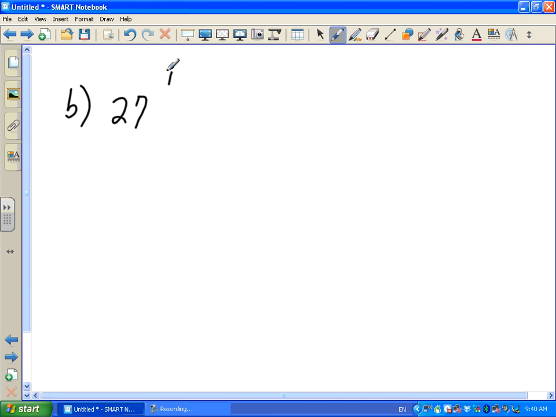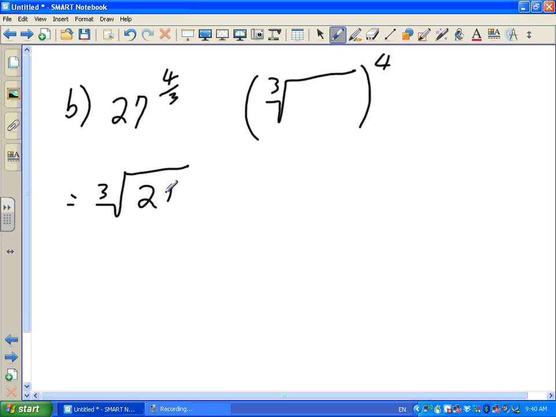27 to the power of 4 over 3. Okay. Now, remember a fraction. If I have 4 over 3, I can take the 3 from the bottom and make it a third root to the power of 4. And I just have to put the base inside the root. So our next step would be the third root of 27 to the power of 4.